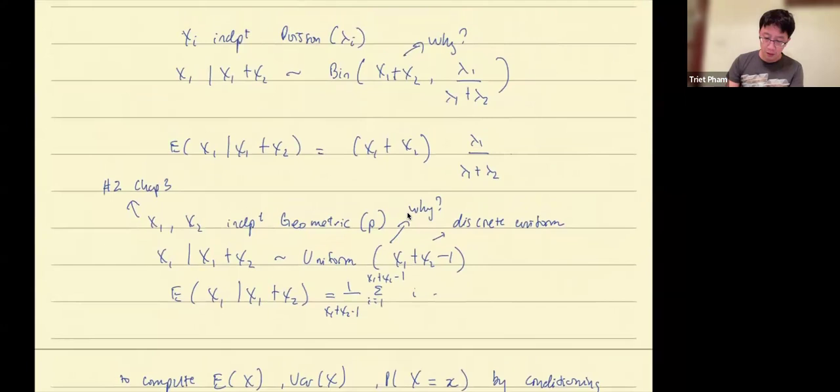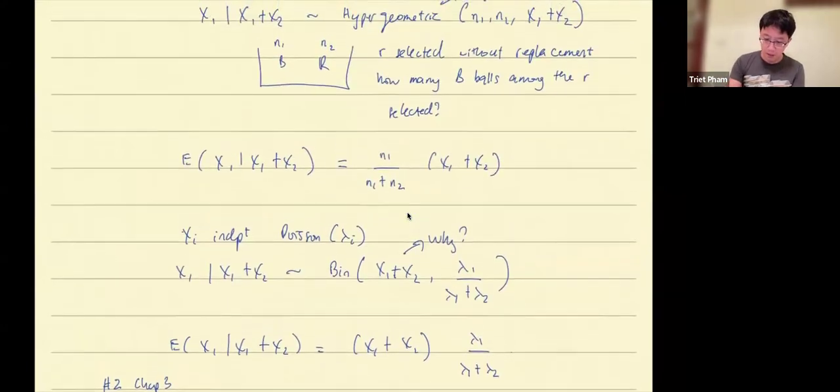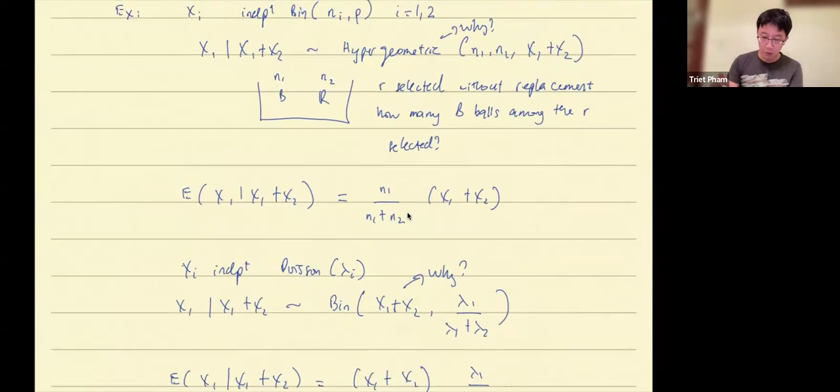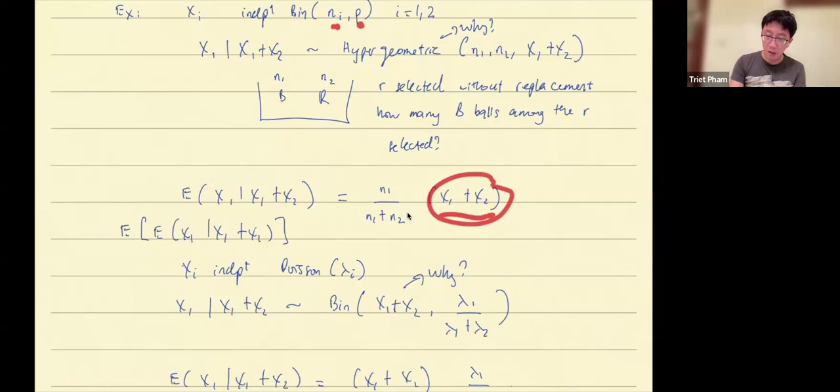Then you see, for example, in the case of the hypergeometric, what we're doing is we apply that formula to show that our result makes sense or is consistent. Because if you take expectation of this, and take expectation of x1 plus x2, each of them being binomial with n_i and p, it is exactly n1 p plus n2 p.